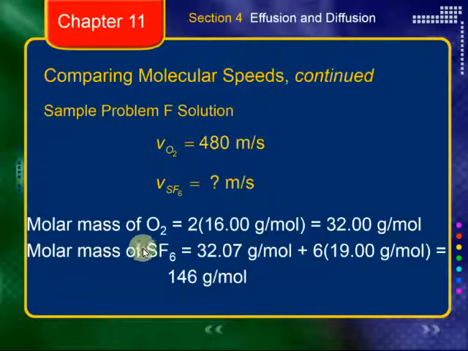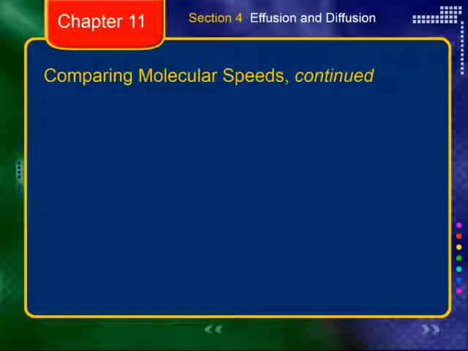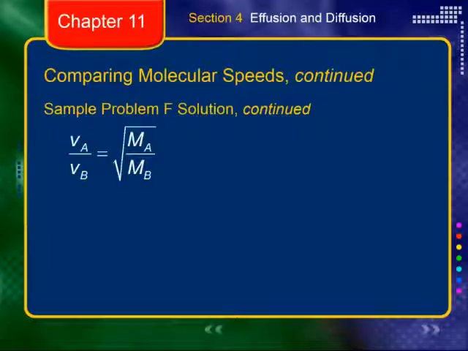We add up all the atoms that are in SF6. There's 32 grams per mole due to the sulfur. There are 6 atoms that are each coming in at 19 grams per mole. So we add those up, coming in at 146 grams per mole. So let's plug these into our problem. So go ahead and press pause now and finish this out on your own.